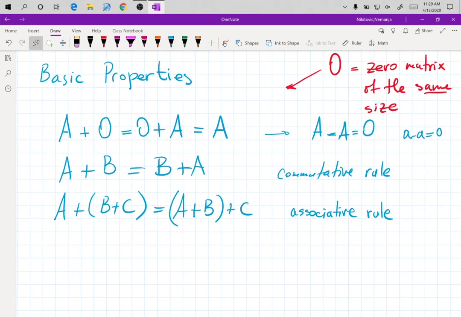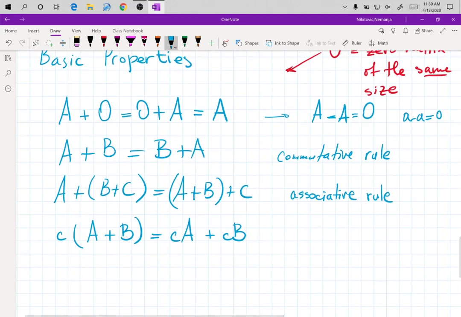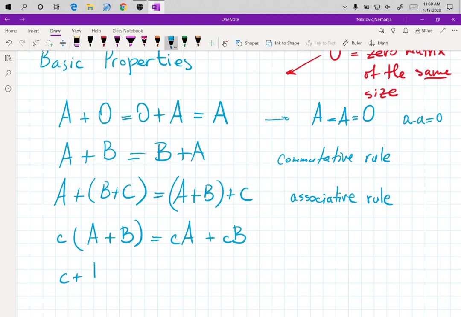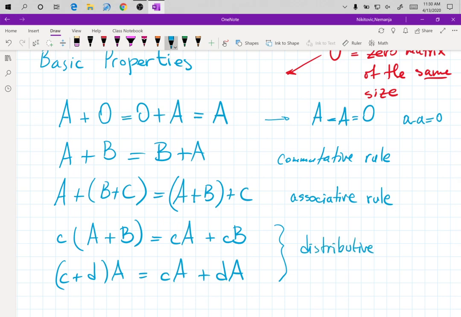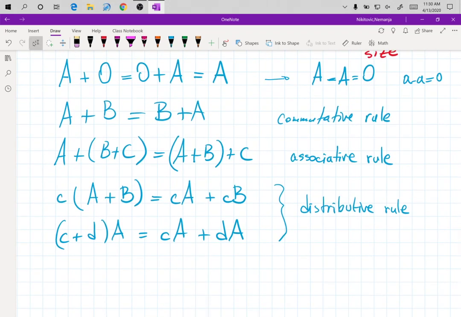Then we also have distribution, when you distribute C, or you are distributing A. Distributive rule, property, whatever you want to call it.